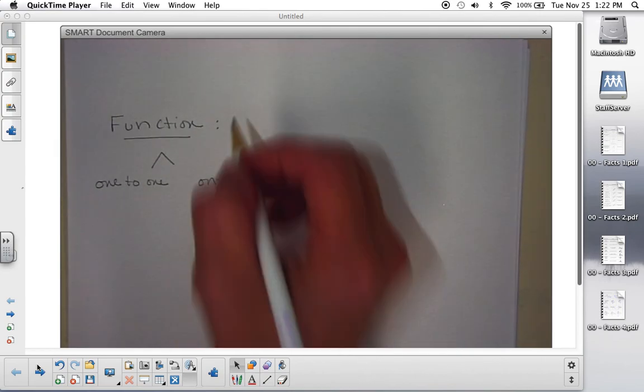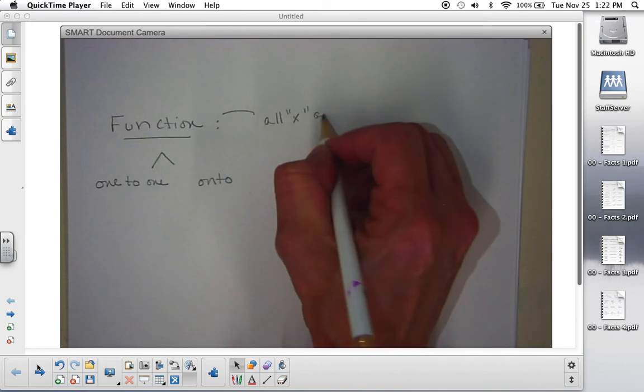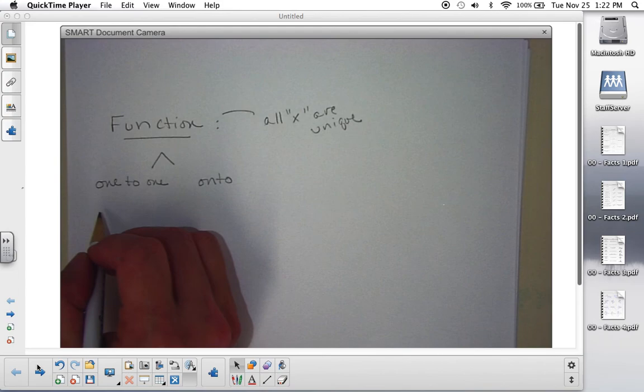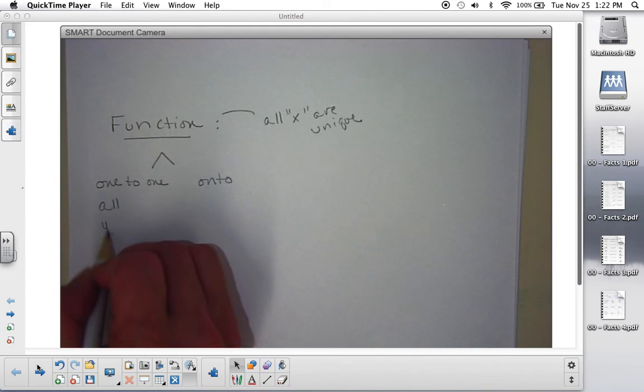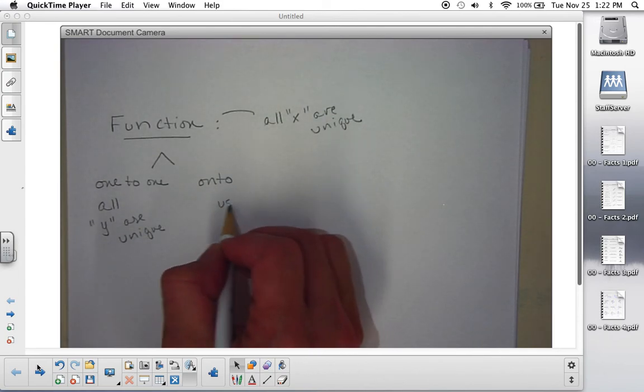So for functions, all the x's are different, are unique, let's say. A one-to-one function, all the y's are also unique. An onto function utilizes or uses all the y values.